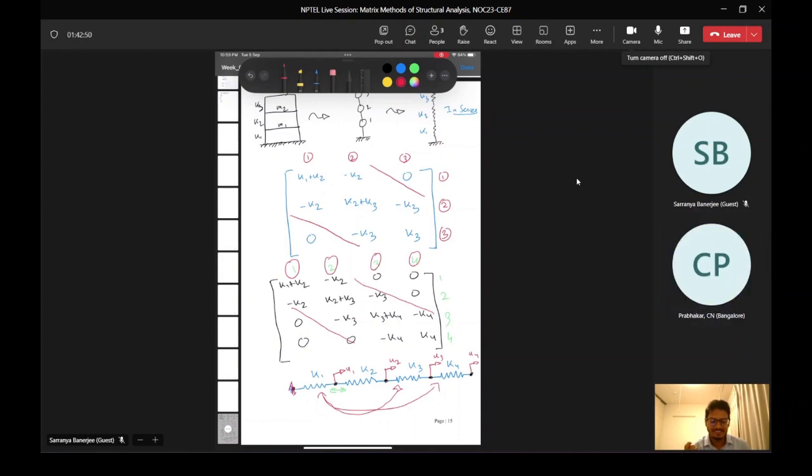Clear. But my question is U4. If you move that U4, definitely K1, K2, K3, K4 all will have some interaction with the displacement of U4, right? What I'm talking about right now is that you are holding all the forces. Like we have two of us here in the meeting together. We have two hands each. We hold all the four together, and then only one of us moves only one hand, and the other is kept intact.